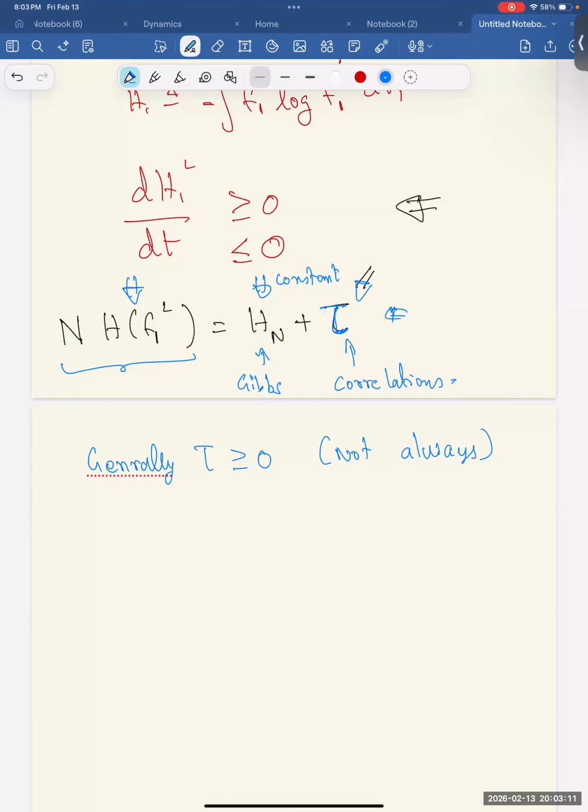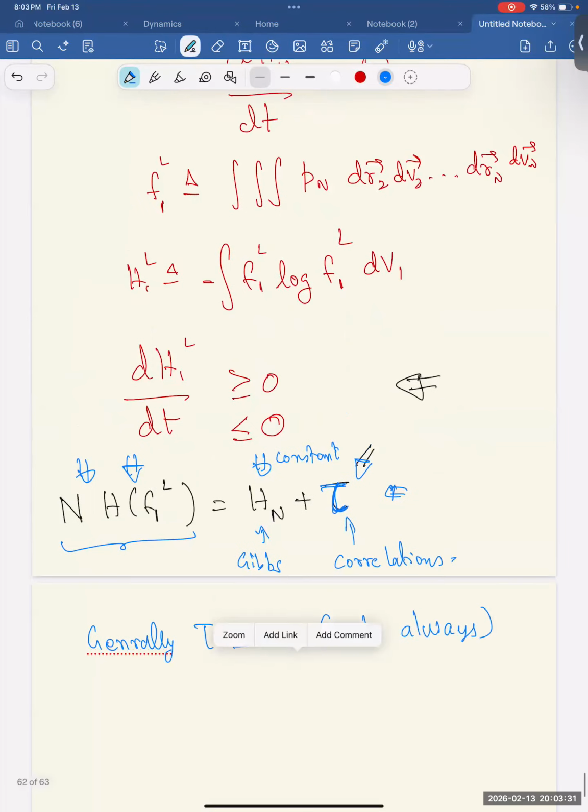Okay, when tau drops, this one also has to drop. Okay, but for most initial conditions and for most scenarios, H1L will be increasing, but locally in time, H1L can be decreasing.